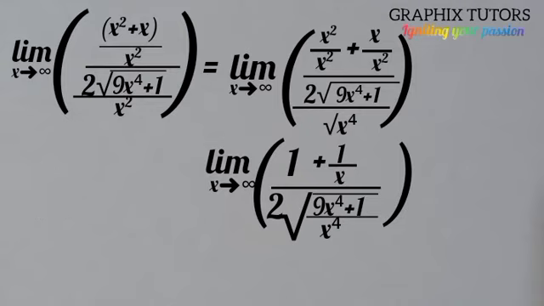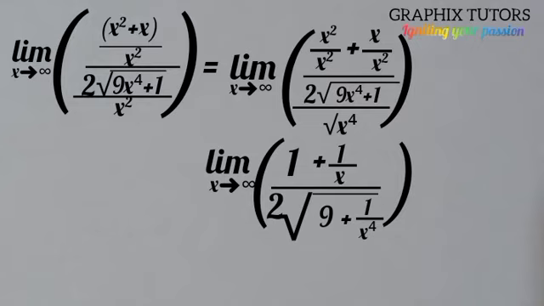All divided by 2 multiplied by the square root of 9x to the power of 4 over x to the power of 4 plus 1 all over x to the power of 4. Now, the limit of x tends to infinity will give us 1 plus 1 over x divided by 2 square root of, the x to the power of 4 will cancel the x to the power of 4, we're left with 9 plus 1 over x to the power of 4.